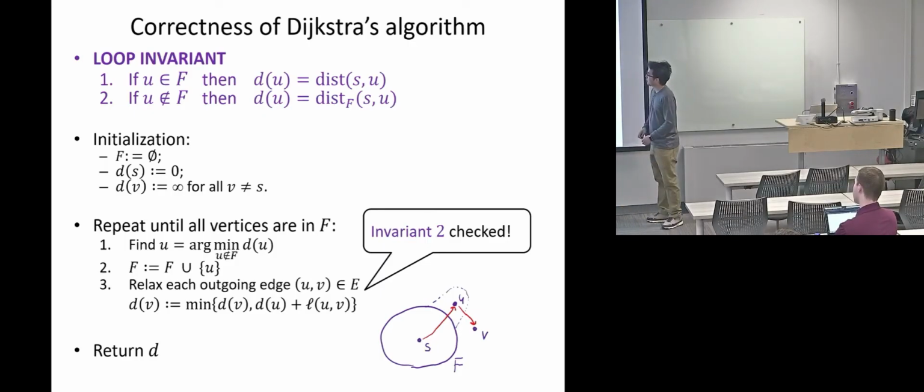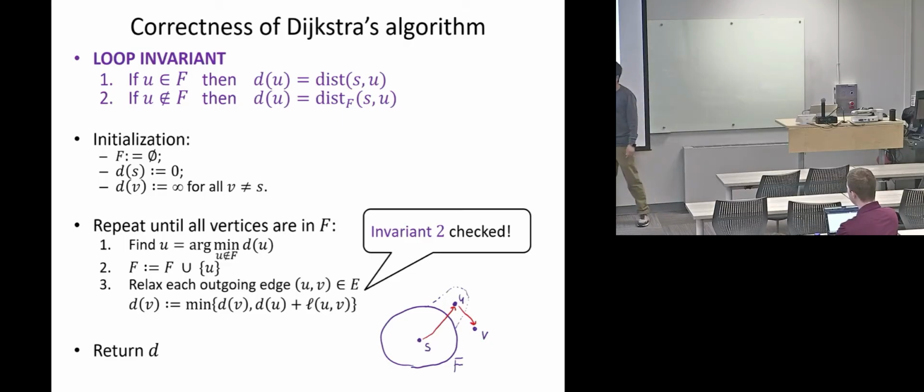Why? For everyone that is not finalized, we need to update this F. How can this F change after we grow F by u, after we add u into the set F? This F can change only because of some path that goes through u and takes one step to v, right?